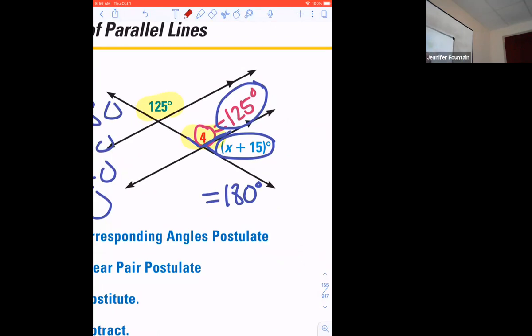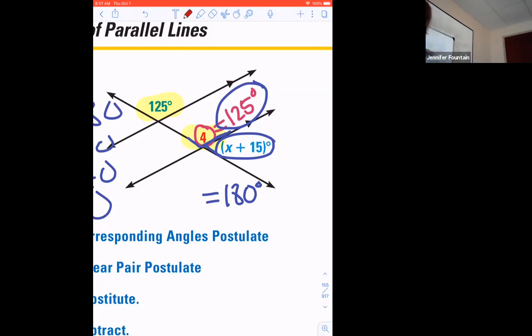Alternate interior, alternate exterior, am I looking at corresponding angles? So the first thing I have to do is be able to identify their location and how they relate to each other. Then I'm going to use the information they have given me, whether it's an algebraic expression, a number, or a variable, to set up an equation to solve, okay? So the first thing I have to understand is their location and how it's related to another item. Then I have to understand how I can solve.